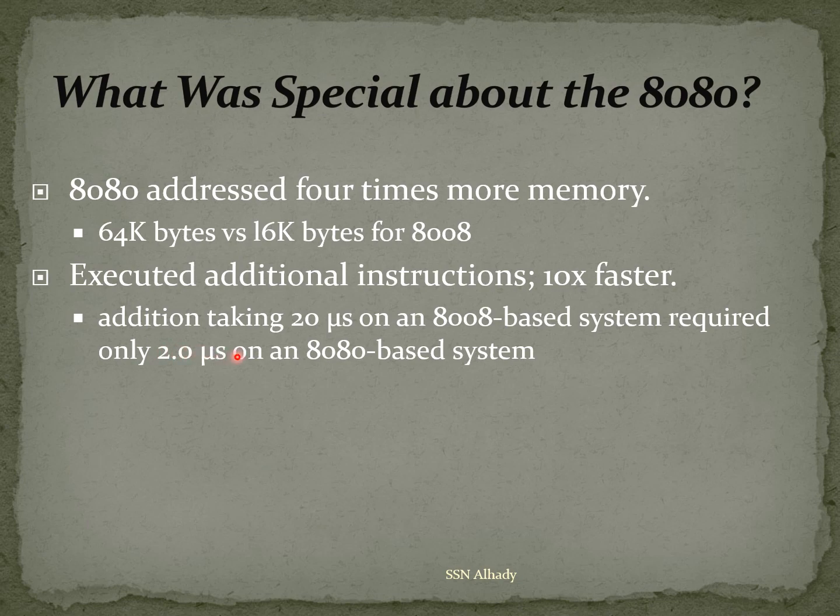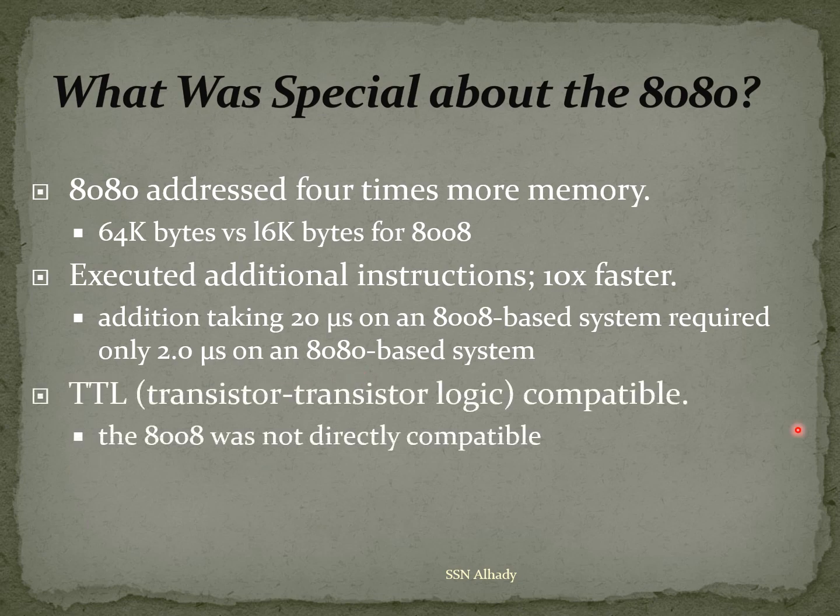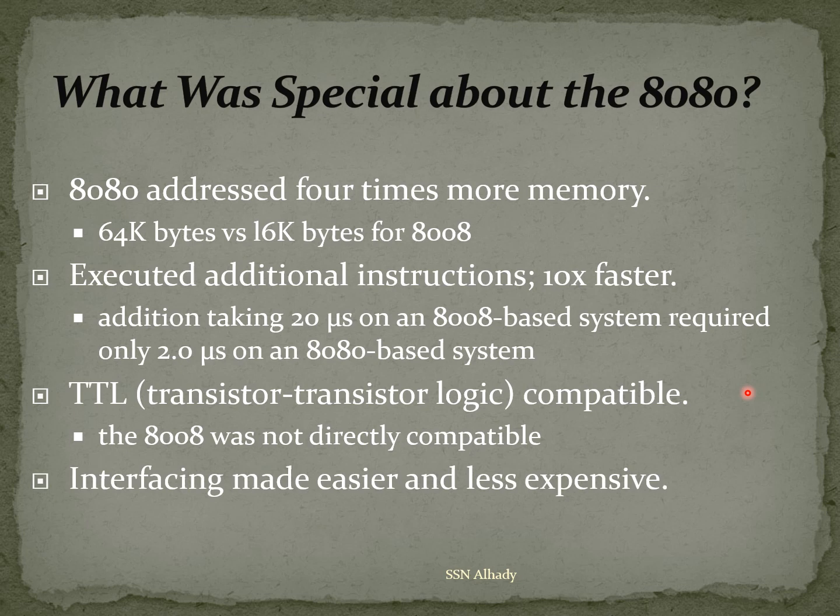Addition, which only took 20 microseconds on an 8008 based system, requires only 2 microseconds on an 8080 based system. And it started to use TTL compatibility, which the 8008 was not directly compatible with. Interfacing became easier and less expensive.